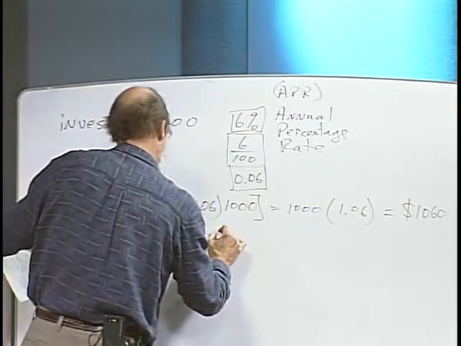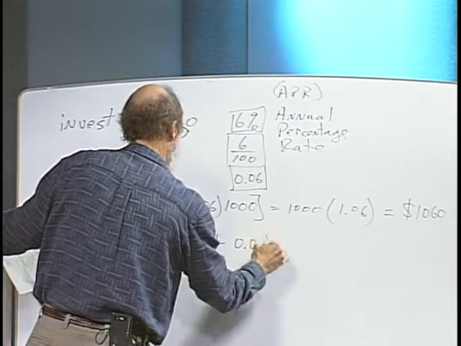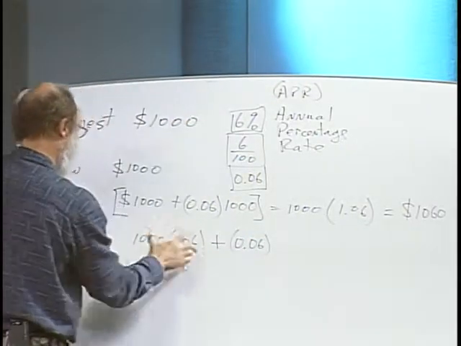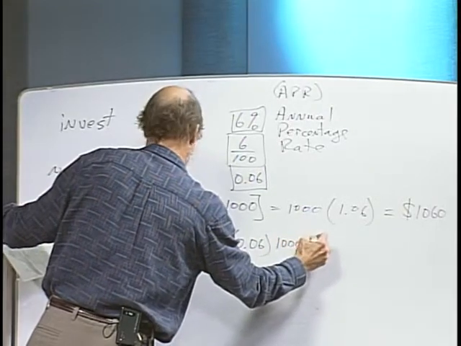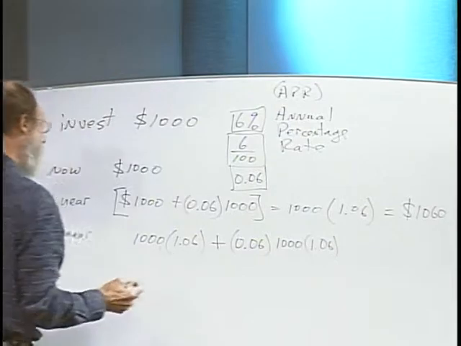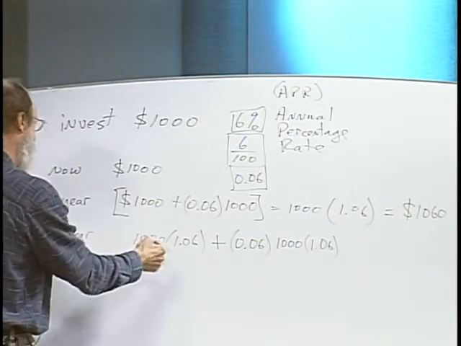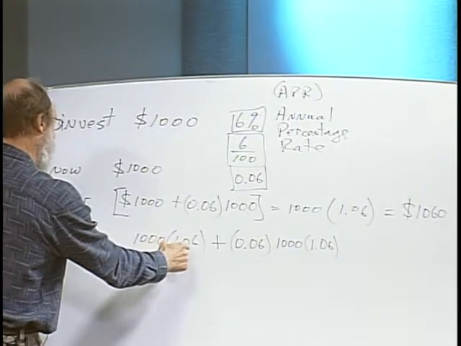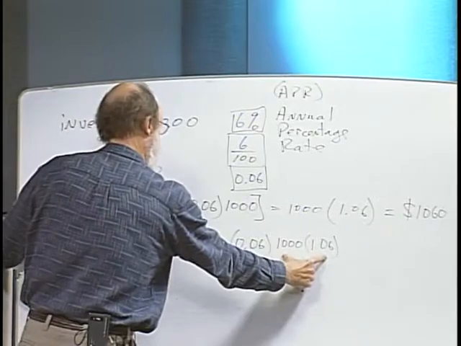And then you're going to be adding to it the interest times that amount of money that was there at the beginning of the year, which again is this 1,000 times 1.06. Now, if you look at this pattern, we could factor out what's common. We could factor out this 1,000 times 1.06. We see it here, and we see it right there.